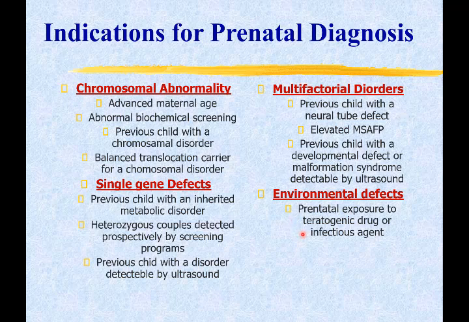Infectious agents like toxoplasma, a lot of time it causes miscarriage, or rubella, CMV or HSV, they could cause defects in the fetus. So we normally do laboratory testing for these infectious agents, which they call TORCH syndrome: toxoplasma, rubella, CMV, and HSV.